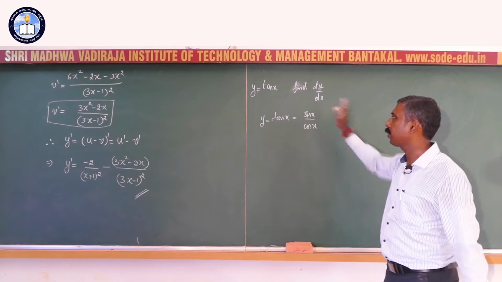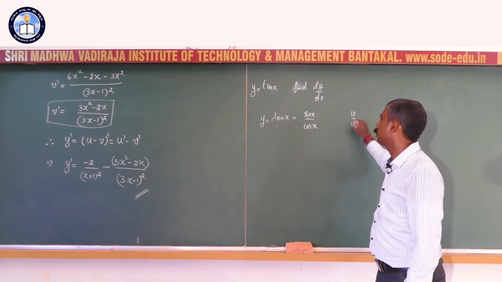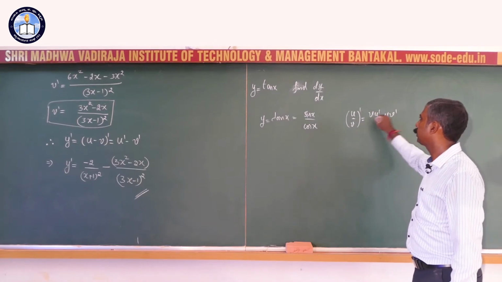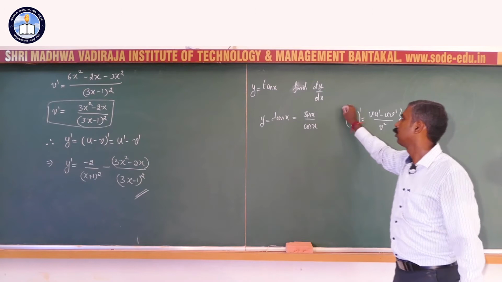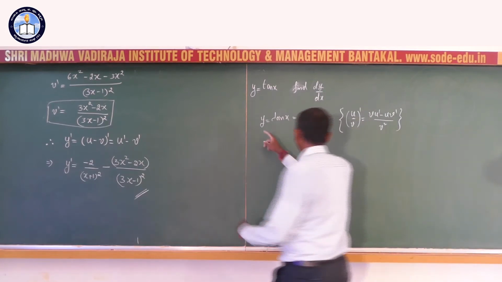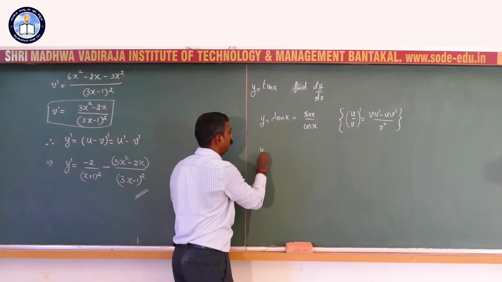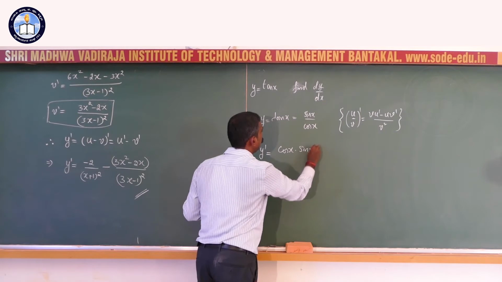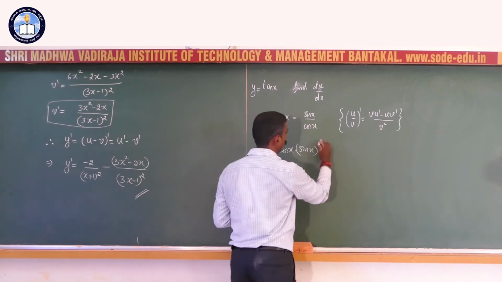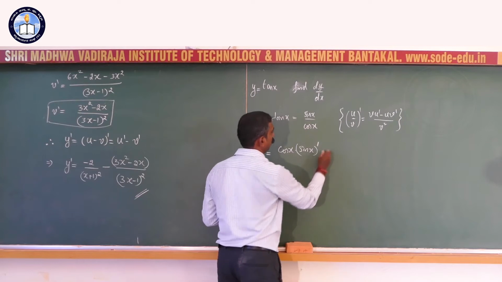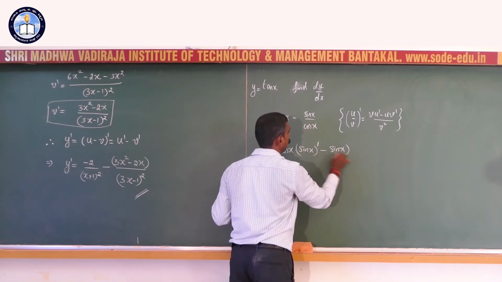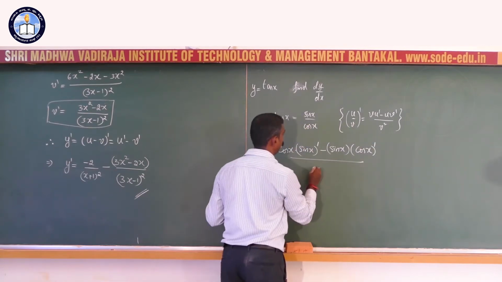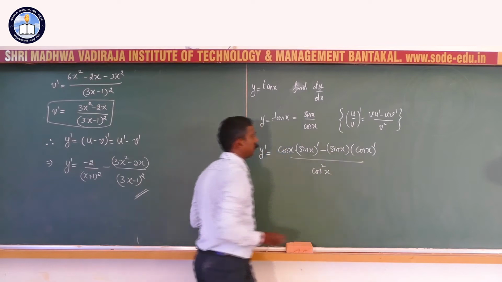So, we can apply quotient rule here very easily, because u by v whole dash will be equal to v u dash minus u v dash divided by v square, quotient rule. Therefore, what can I say about y dash? Y dash is equal to cos x into sin x whole dash, minus sin x into cos x whole dash, divided by cos square x.